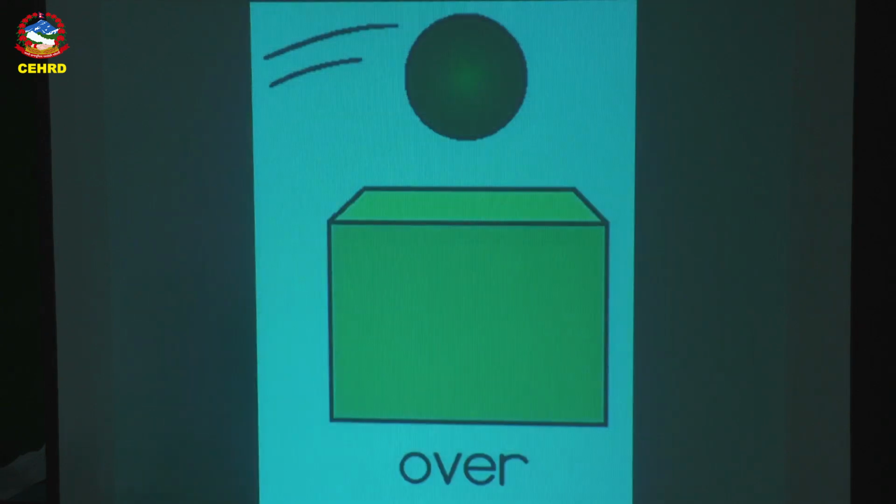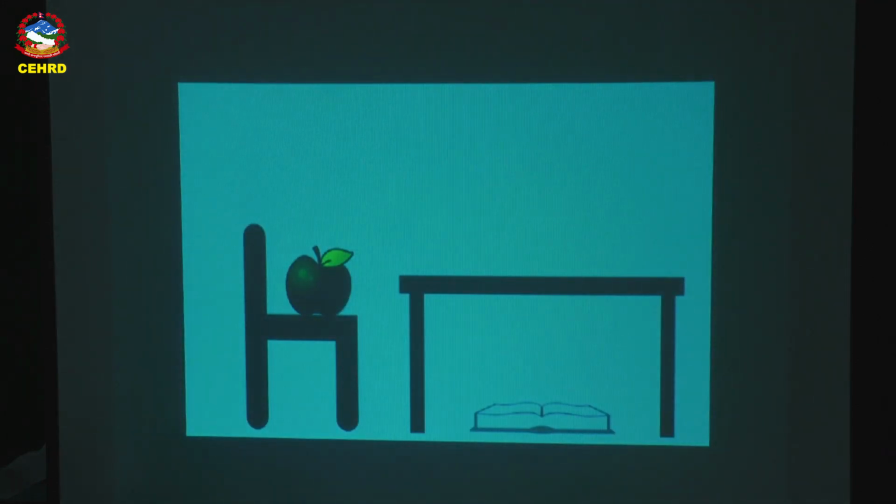So like that, we have another, "over". So it's over because it's not touching the surface and it's vertically up, straight up, right? Without touching. So that's over. Next, we have another picture and there you can see an apple.